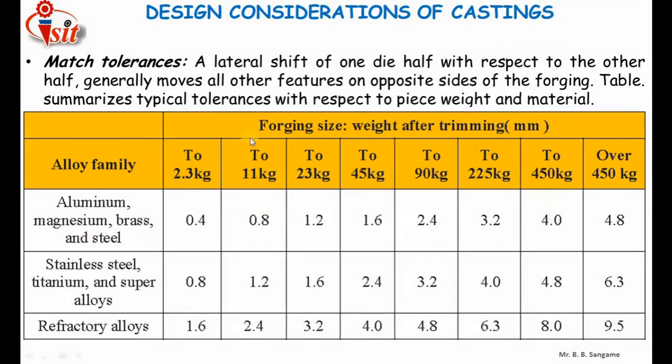For aluminum, magnesium, brass, steel, stainless steel, titanium, superalloys and refractory alloys, the forging match tolerances are provided against the component weight after trimming, and the tolerances are given in mm.